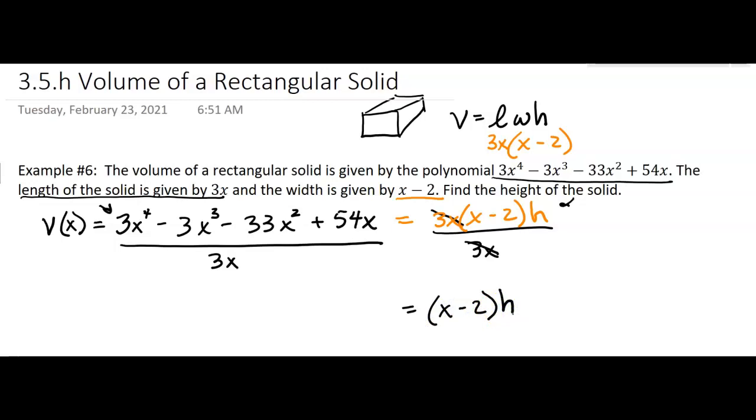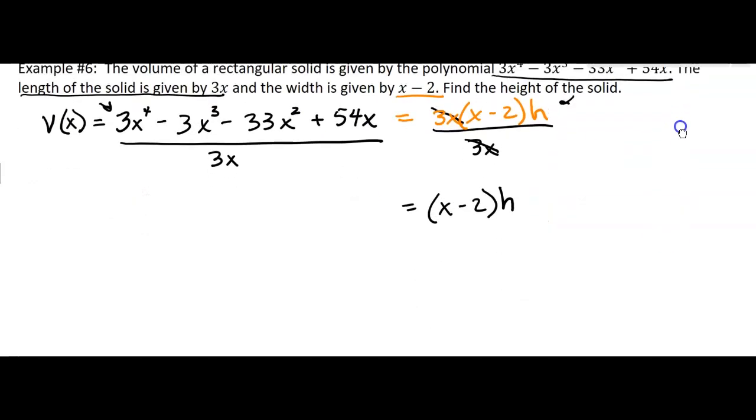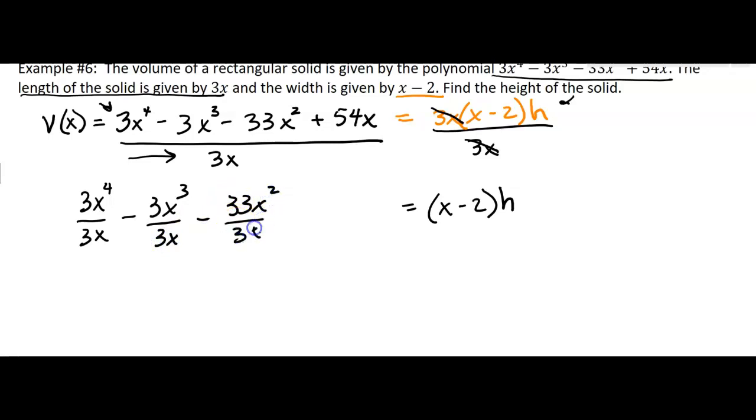Now, what about the right-hand side? So a little review here. When I have a polynomial and the divisor is just one term, I can split that up. So I can write it as 3x to the 4th over 3x minus 3x cubed over 3x minus 33x squared over 3x plus 54x over 3x.